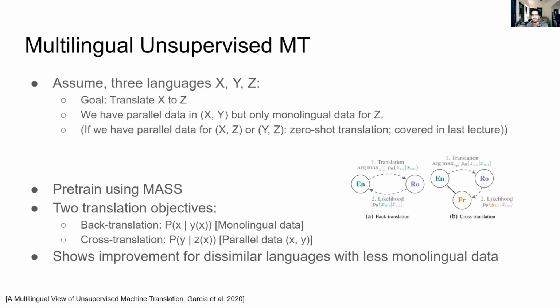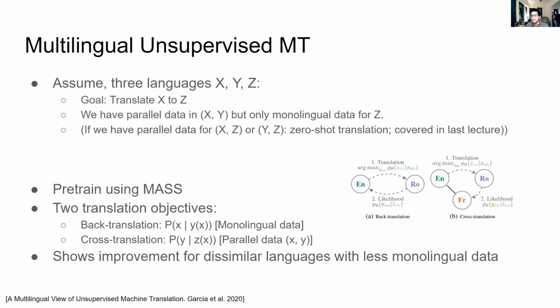So let's assume I have three languages, X, Y, and Z. And I want to translate from X to Z. And I have parallel data in XY, but only monolingual data in Z. An example of this could be that I have parallel data, for example, in English and Hindi, and I have only monolingual data for Nepali. And the monolingual data is also not very large.